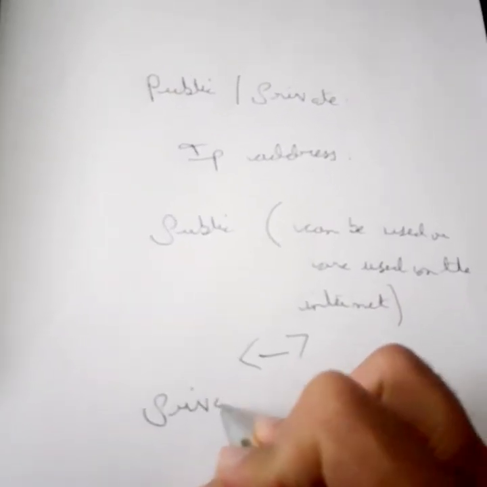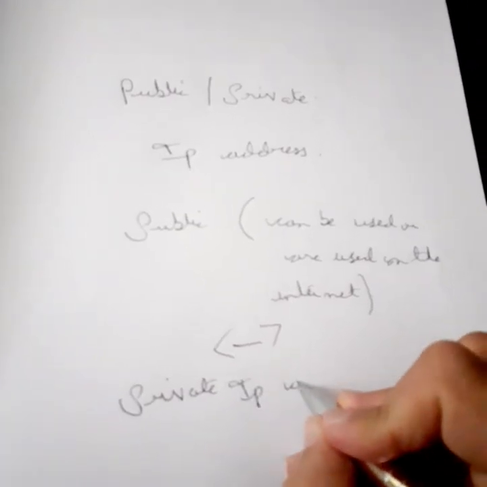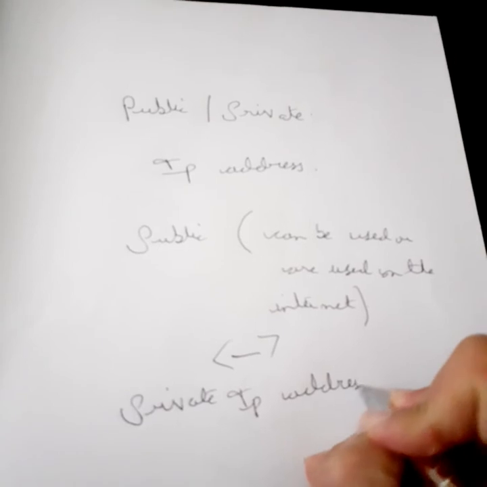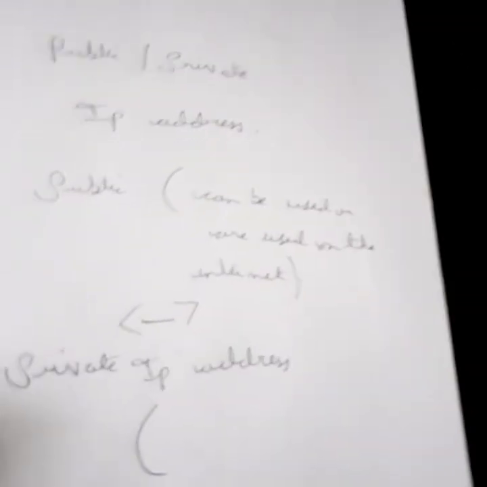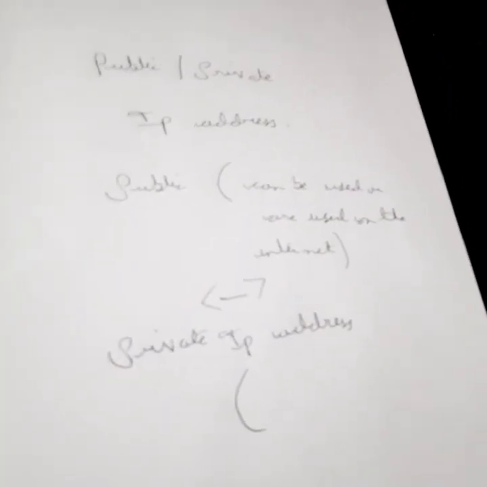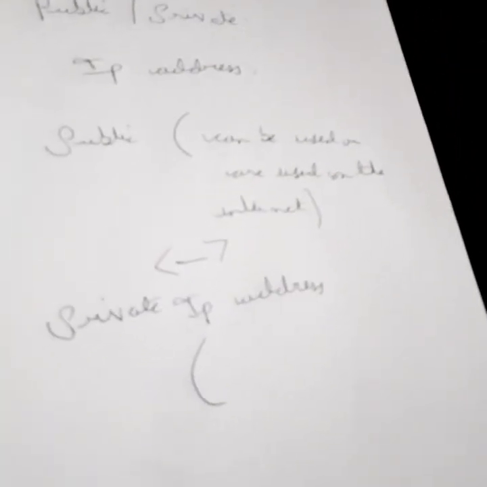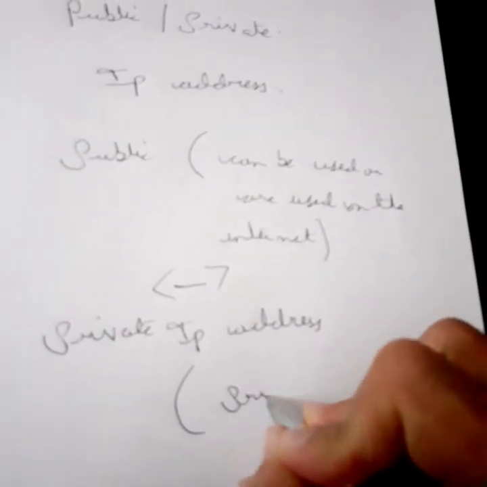private IP addresses. So any ideas what that might be? Yes, private IP addresses are used to assign to computers inside your own network, or you can say in your intranet, so your own private network.